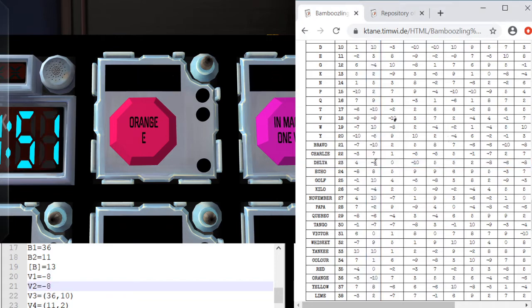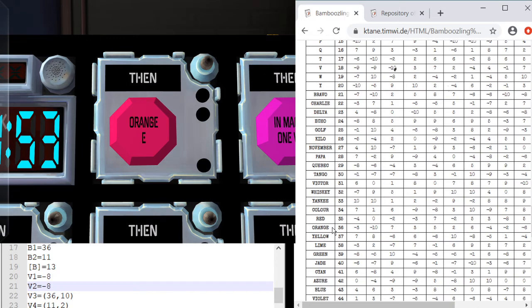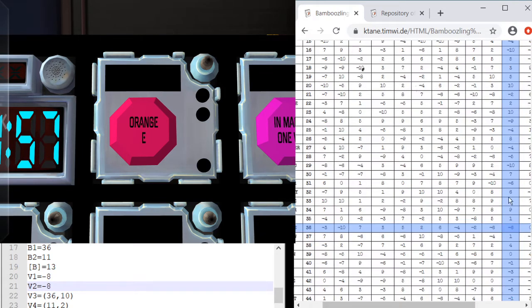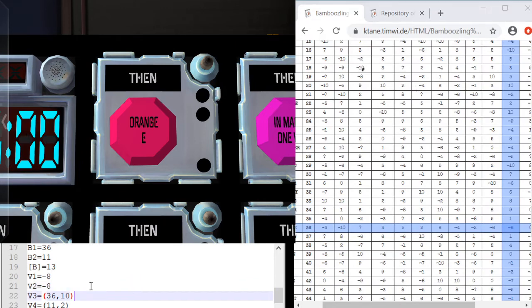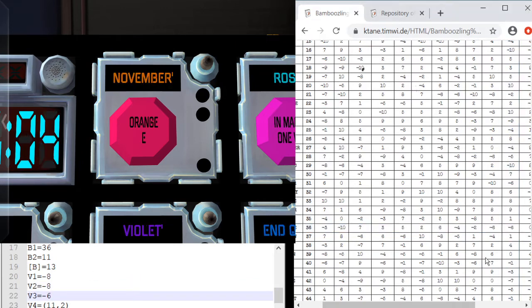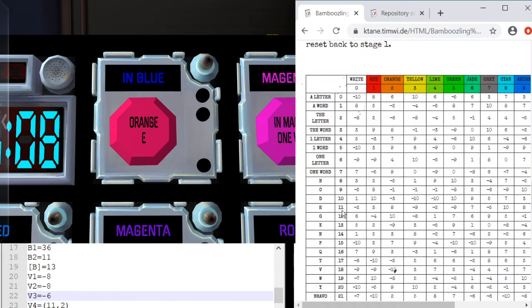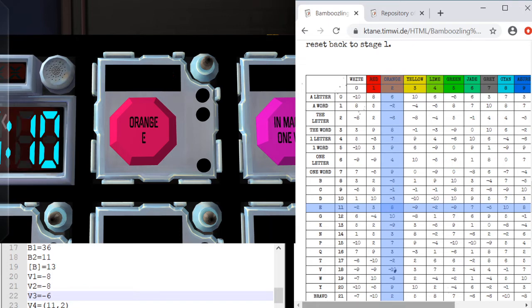We have 36, comma 10, which is -6. And we have 11, comma 2, which is 8.